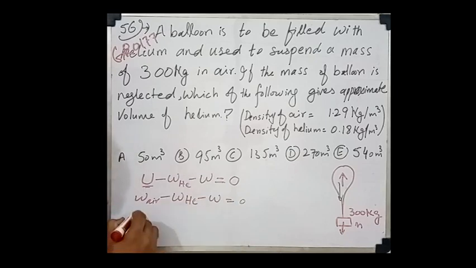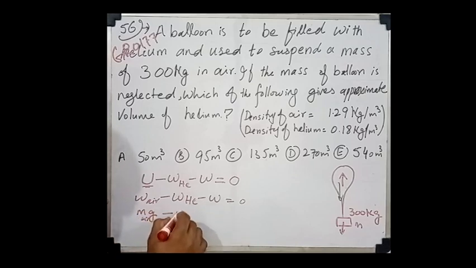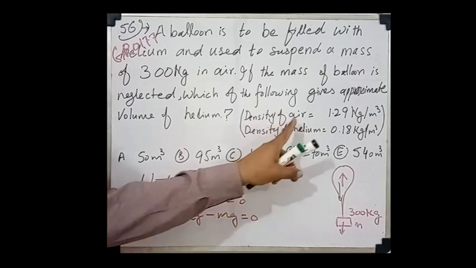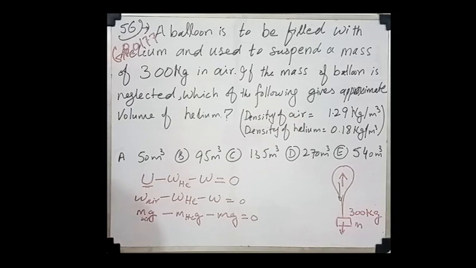We can write m of air into g minus m of helium into g minus m g, this equal to 0. The mass is equal to volume multiplied by density. We are given the density of air and density of helium.